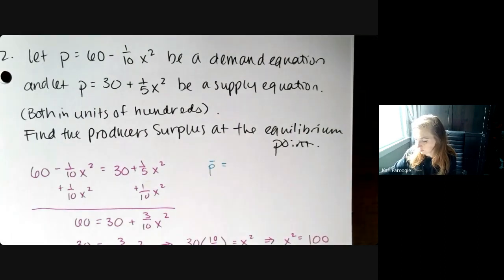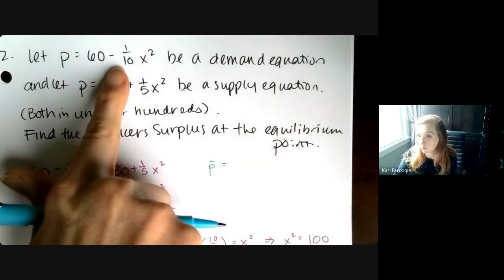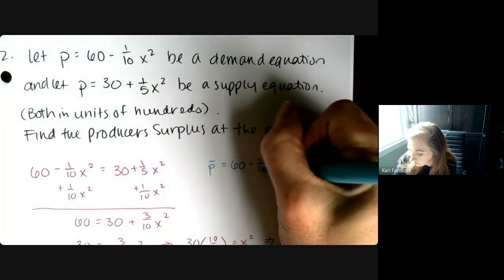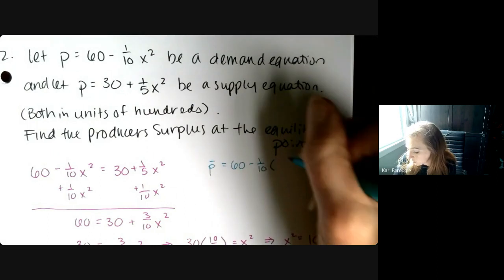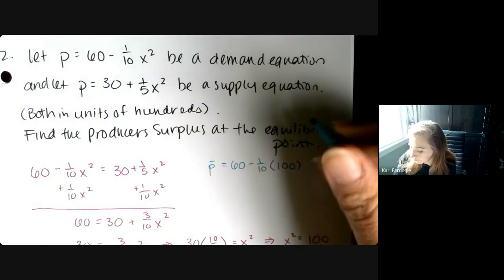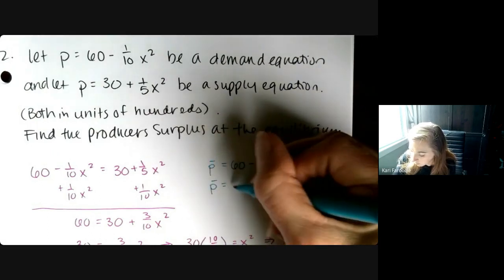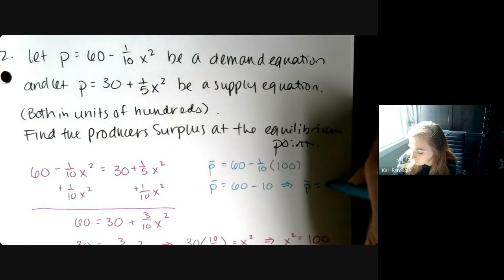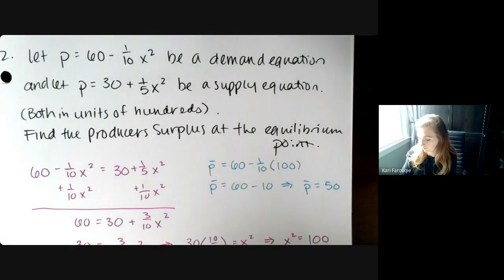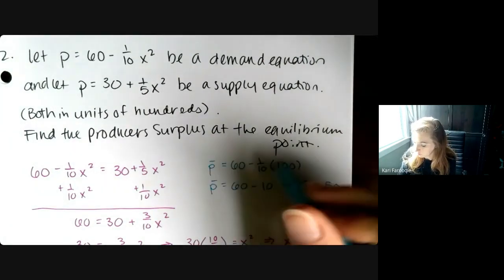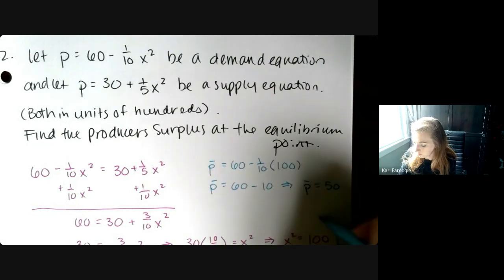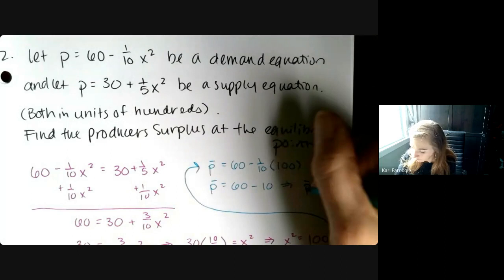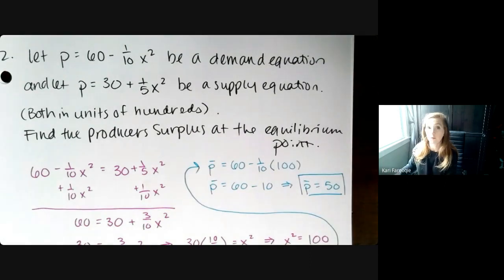If x is 10, I'd probably just use this one. 60 minus 1/10 times x bar squared, which is 100. So 60 minus 10, you get p-bar equals 50. Okay, so that was just by using this value in the demand equation. And that's the corresponding value of p-bar.